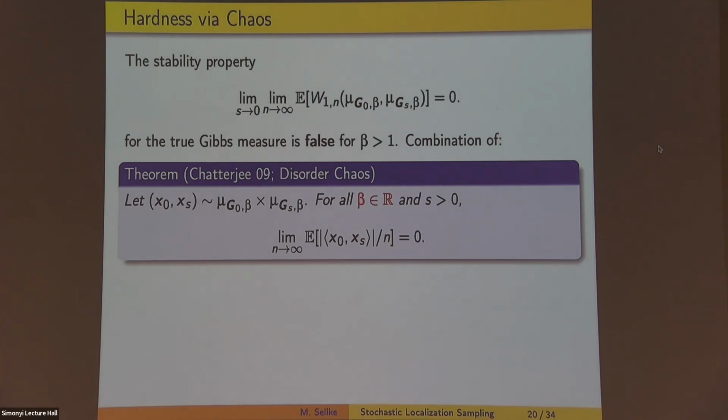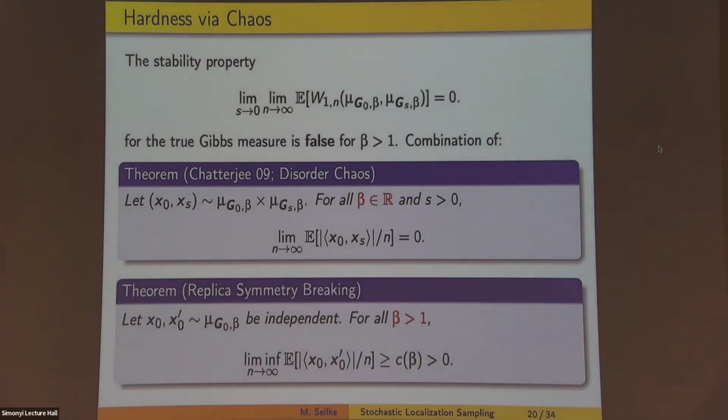It says that if I take independent samples x0 and xs from G0 and GS, then they'll be approximately orthogonal for any beta. And replica symmetry breaking, which says that if I take two independent copies from the same Gibbs measure and beta is larger than 1, then their inner product will not go to 0. This is almost the definition of replica symmetry breaking here.